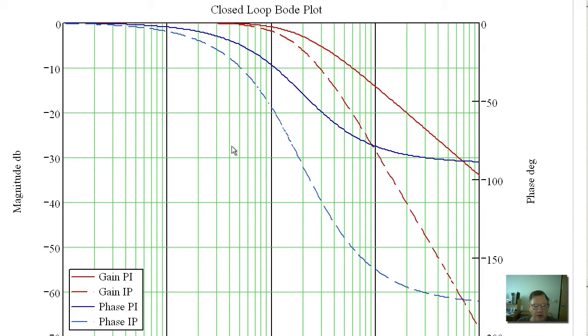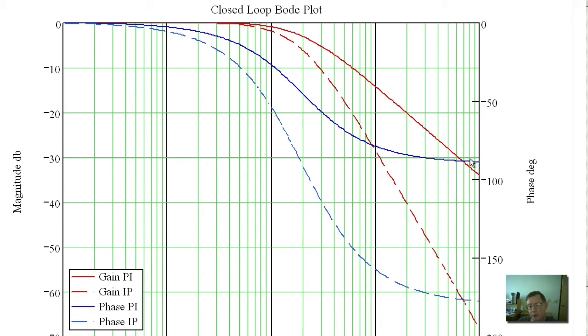And I've plotted out two sets of values, one for the PI control and one for the I minus P control. This is the PI control, and you can see that its magnitude stays a little bit higher as frequency increases, and the phase lag isn't as much when you get to the higher frequencies. And the reason why is because, again, the PI controller has a zero which cancels out one of the poles.